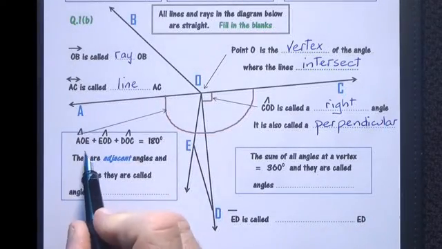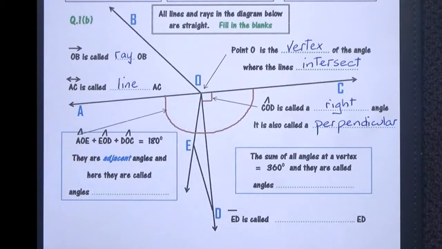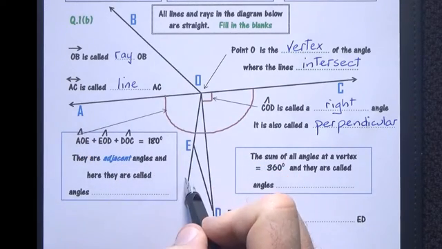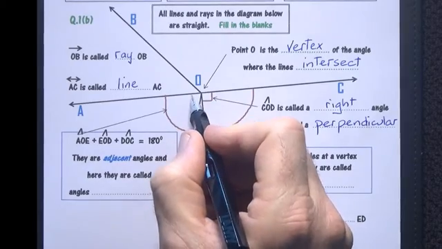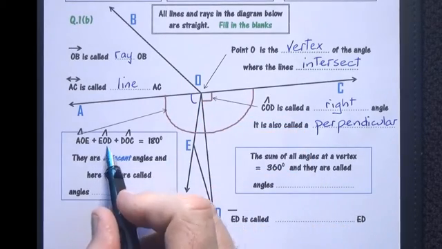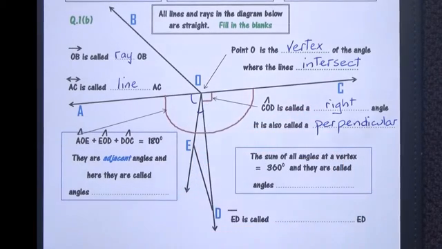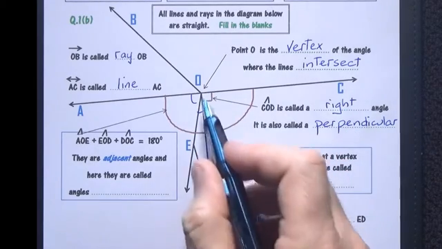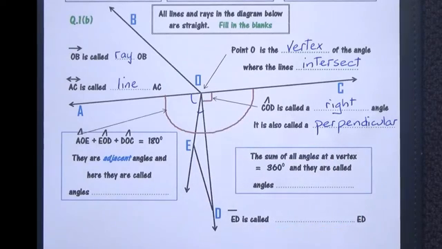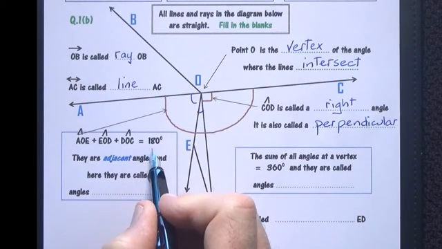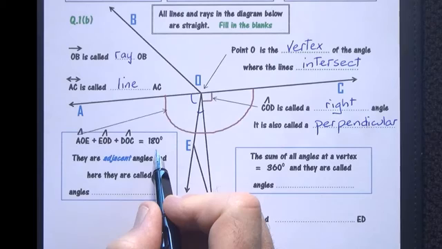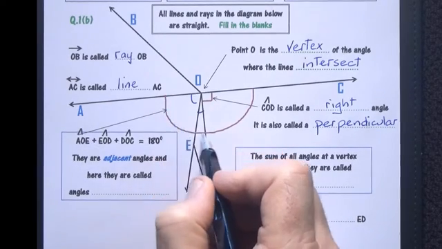Now I have 3 angles here: AOE, that's that angle there, and EOD, so that's that angle there, and DOC. Note that I can call this DOC or COD, it doesn't matter. They total 180 degrees, as indicated by this line here.